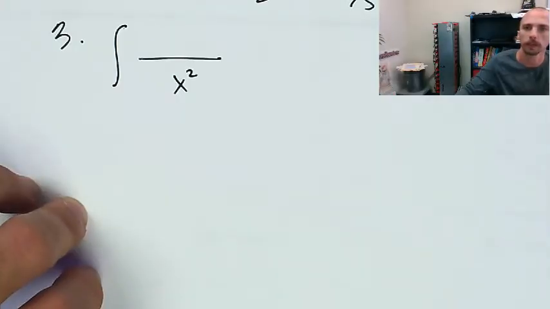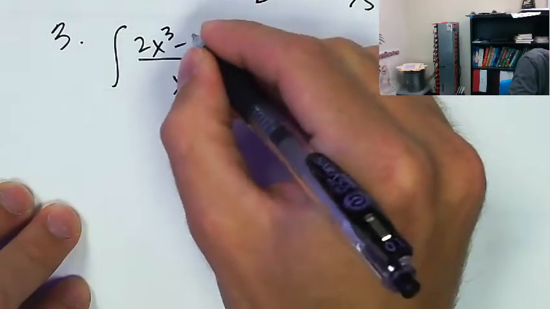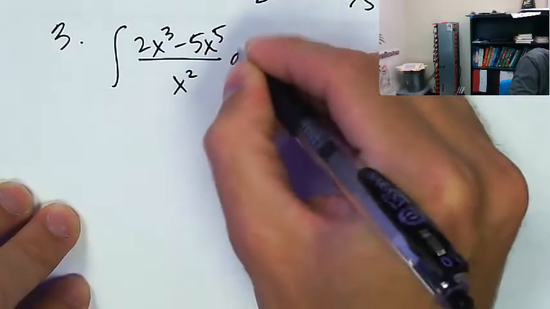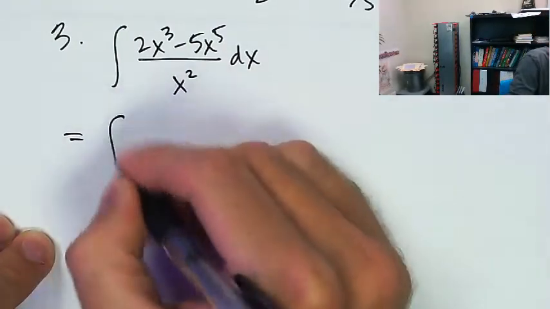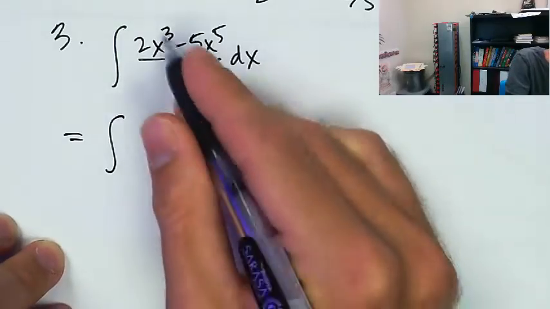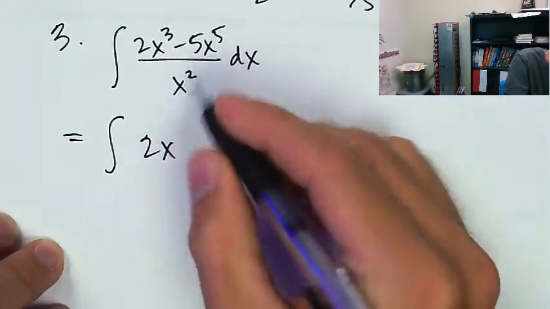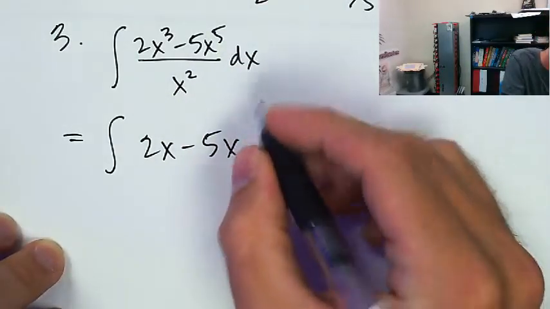I just need to zoom in, I guess. Yeah, that's much better. Okay, so we need to rewrite this before anti-differentiating. So that's going to be the antiderivative of x to the 3 divided by x to the 2 is x to the 1. So that's 2x minus 5x to the 5 minus 2 is 3.